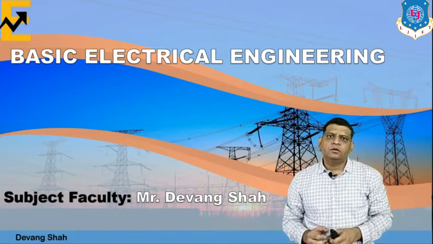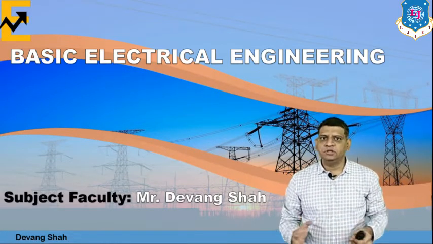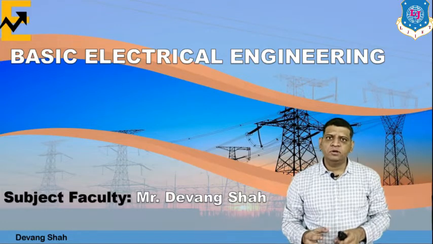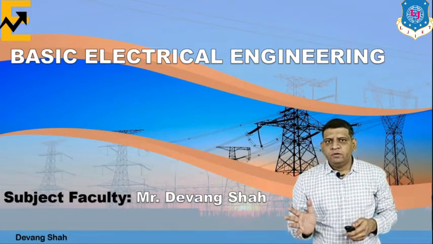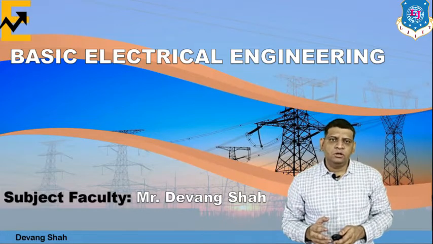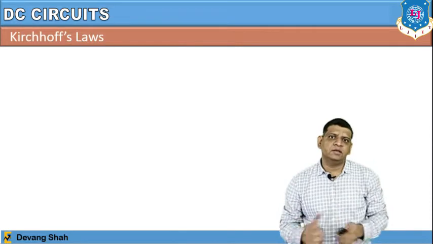So far we have been learning this particular subject, which is called Basic Electrical Engineering, and the subject code is 3110005. In our previous session we discussed chapter number 1, which is called DC circuits.